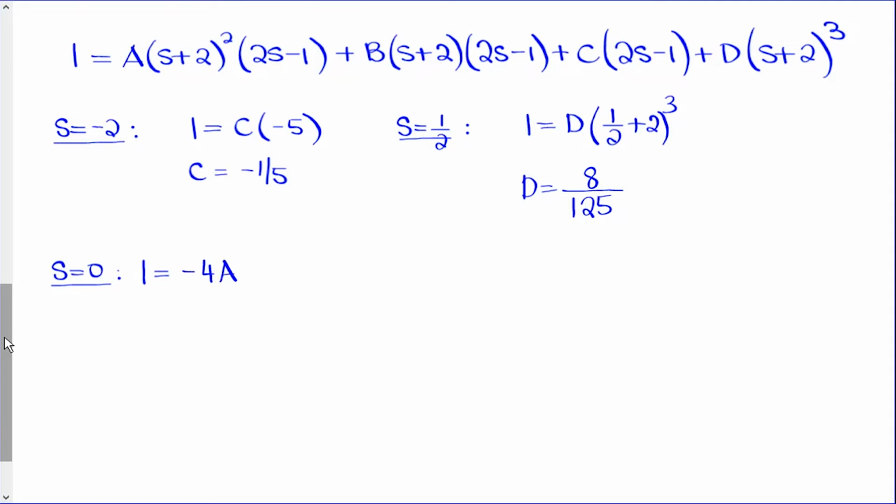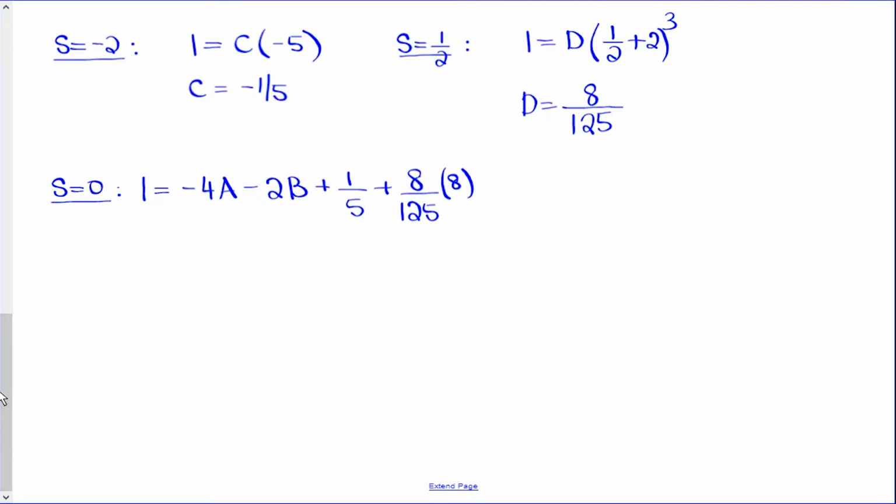The second term becomes -2B. The third term, well, we know C is -1/5 times -1, so it's going to become +1/5. And our last term is going to become 8/125 times 2 cubed, which is just 8. So that's going to be our first equation.